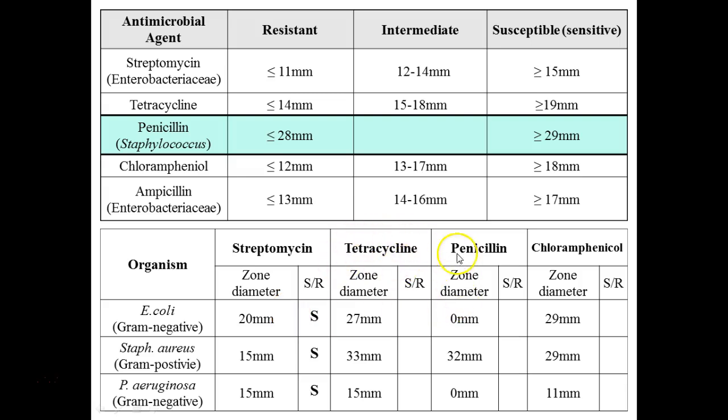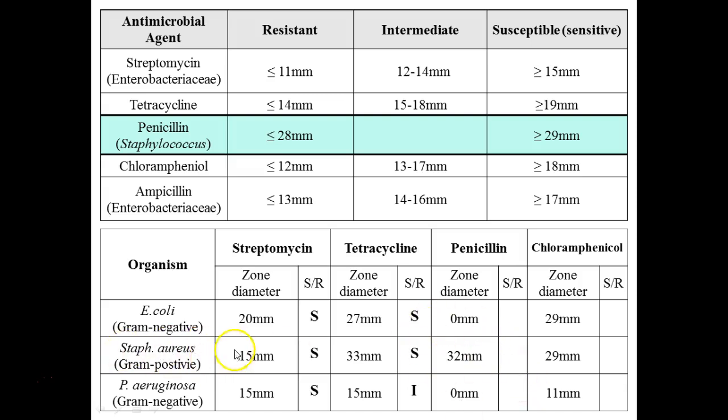So for tetracycline, remember you've got to look at your chart, so that's 19 or greater. The first 2, E. coli and Staph, are sensitive, but as I said, look, the Pseudomonas is resistant to tetracycline. And since it's a gram-negative, you expect the same result for penicillin as we see with E. coli: 100% resistant, no zone to measure, it grows right up to the disc.